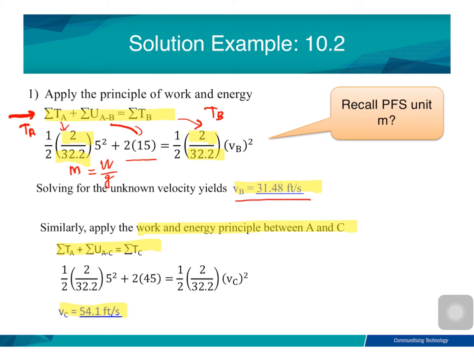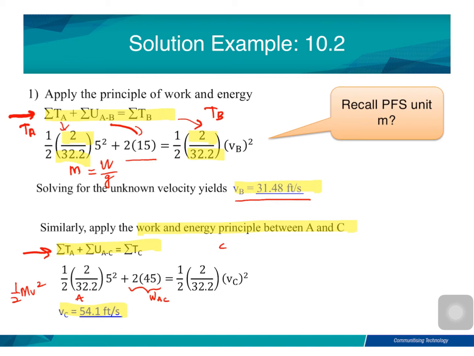So VB is 31.48. Okay, and then similarly, we apply the work and energy principle in between A and C. So here we have A and C. You substitute the half mv squared, here is point A and here is point C. So here is the work done subjected to A to C. So we have 2 times 45 here.